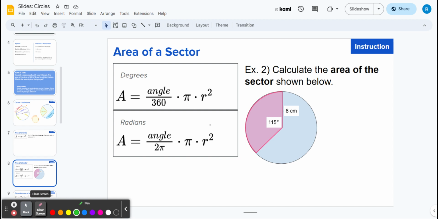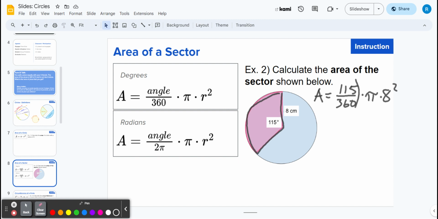How this comes into play in this example problem is we have this sector shown here by 115 degrees, and it's got a radius of 8. So our area is equal to that angle, 115 over 360, times pi times radius squared, 8 squared. Now this one, we don't need to get in terms of pi. It is going to be a messy formula.